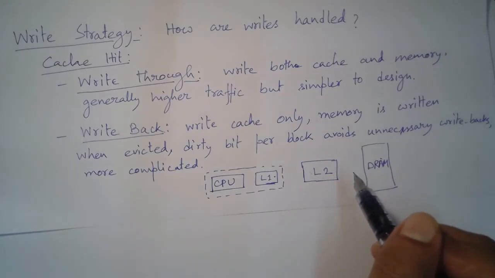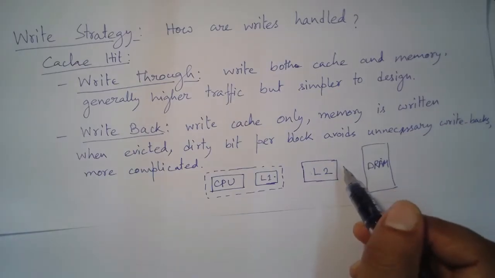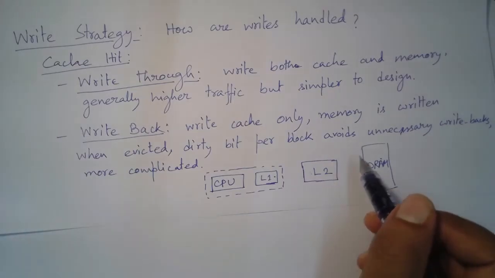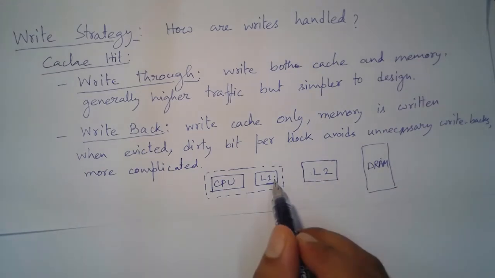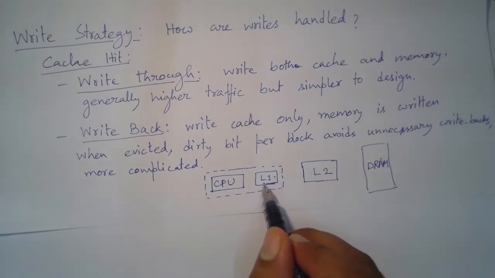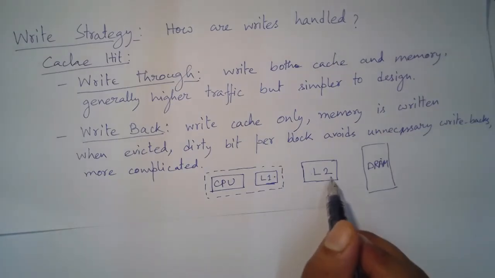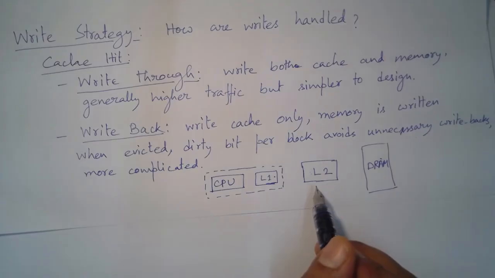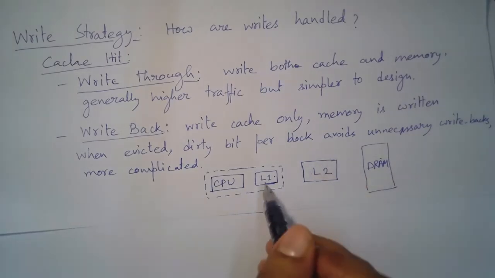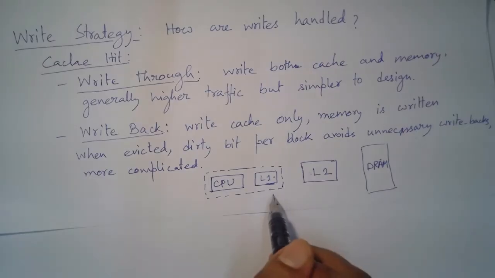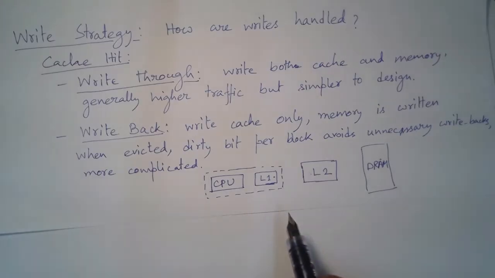If L1 and L2 were not write through, there would be an updated value in L1 not reflected in L2, and mostly the coherence protocols are implemented at this level of cache, so that your regular CPU pipeline does not get affected.